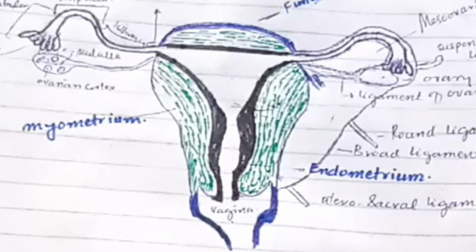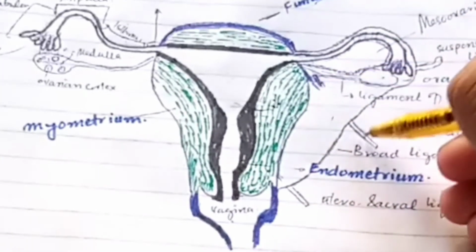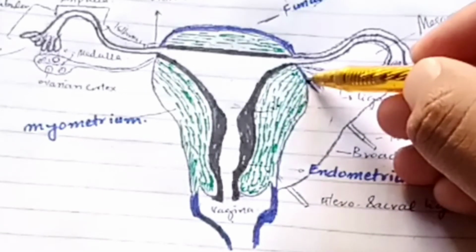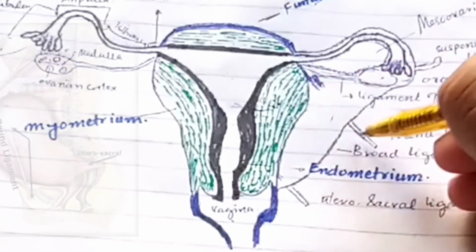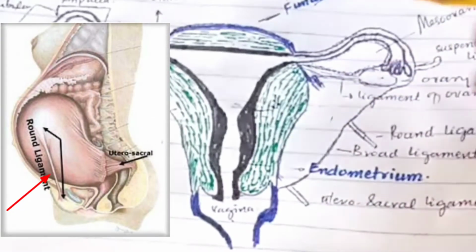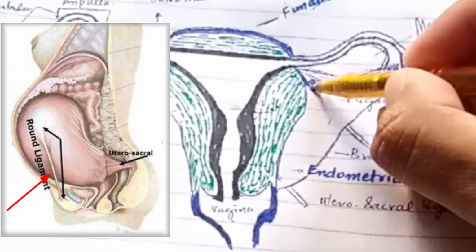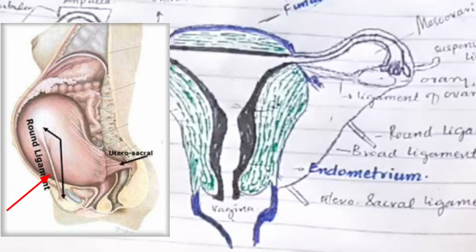So now the ligaments of the uterus, mainly there are 3 ligaments of the uterus. One is the round ligament. Here you can see this ligament is called a round ligament. This ligament, which is at the lateral of the body of the uterus or the uterine corpus, actually starts from here and then attaches to the labia majora.